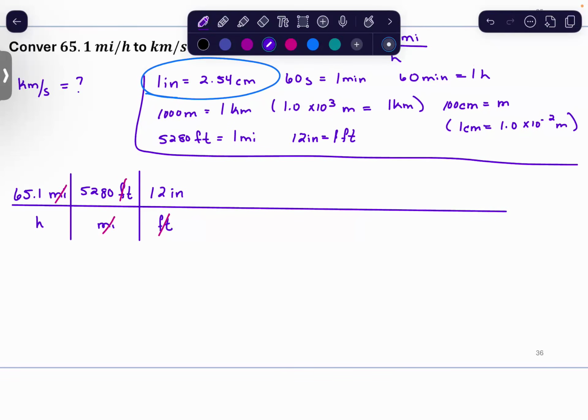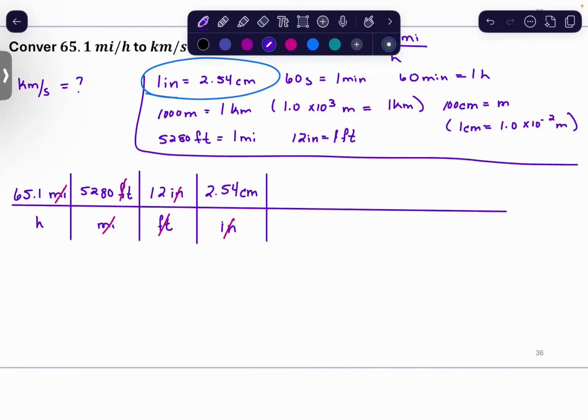Feet divide out. And you see, I try to make sure I add everything to my list of known quantities, even all my conversion factors. Now I have inches per hour. So now I can use my 2.54 centimeters in an inch. Inches divide out. So now I'm in centimeters.